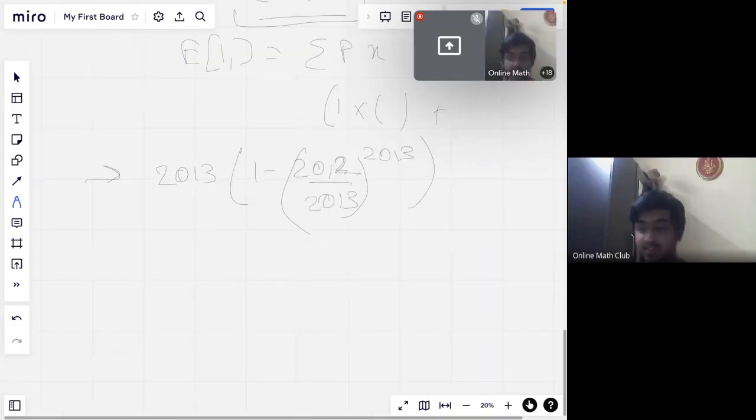Let's explain this simpler. Our expected number of distinct numbers is 2013 into the probability that any single number is there. Once you realize that, the rest of the calculation involves calculating the probability that any number, like one, is in the set.